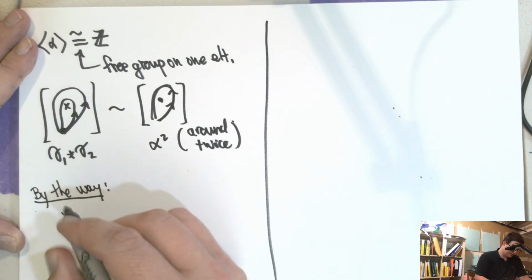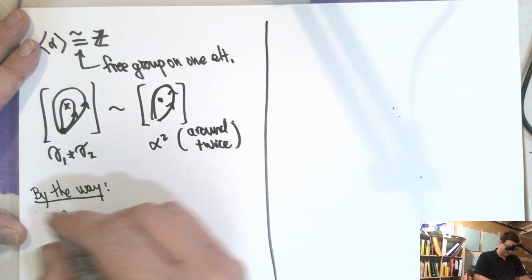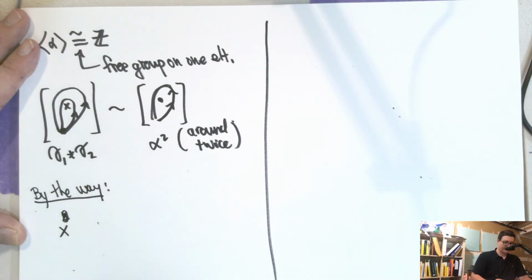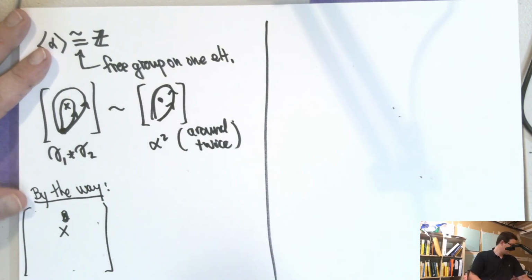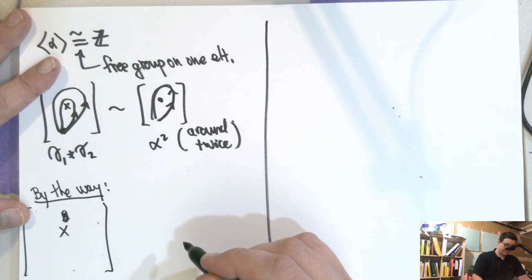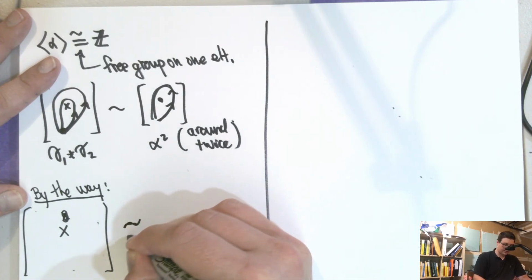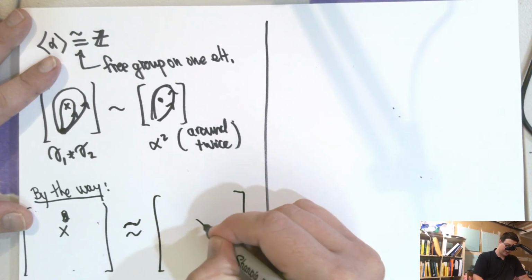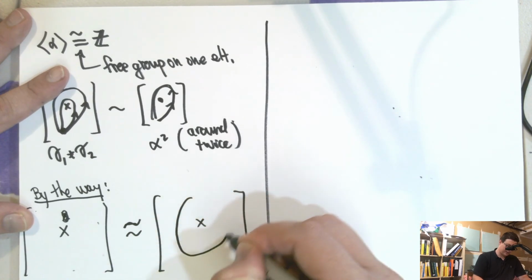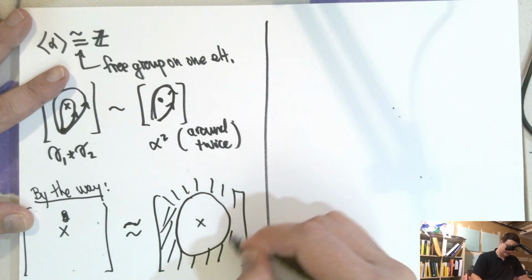I need to draw a bunch of spaces. So this is R2 minus a point. This is the whole picture. If I shrank everything down like this, here's the negative space.